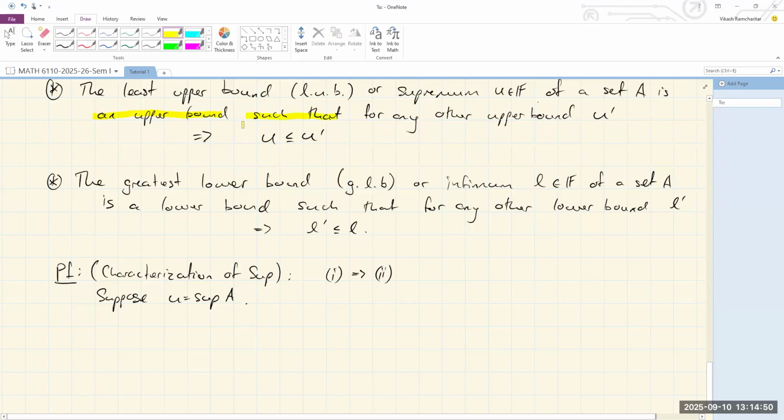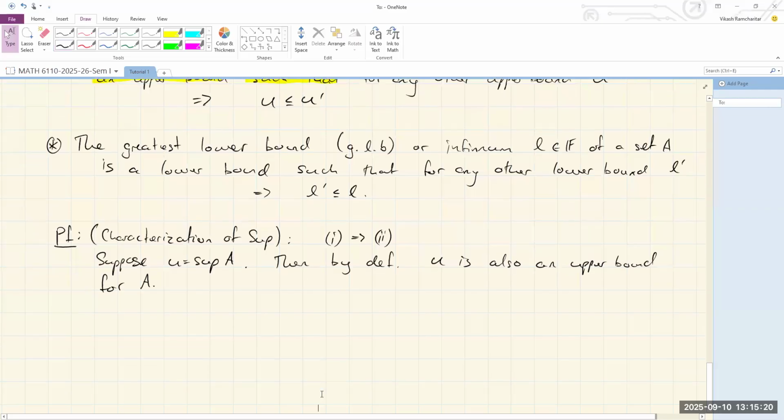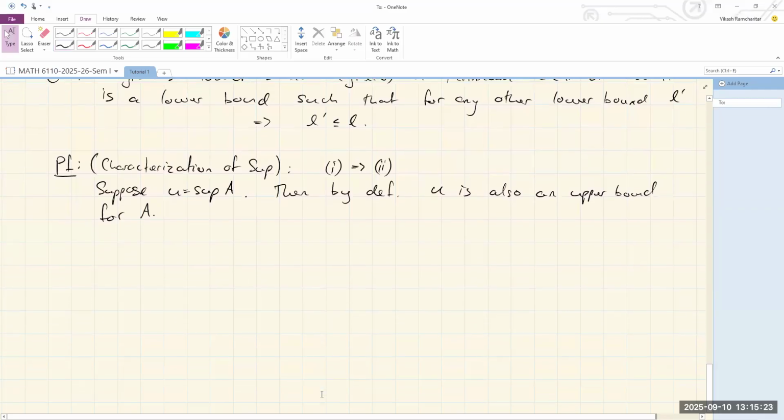So by definition, if U is the supremum, it's automatically an upper bound for A. That follows from the definition, because the definition of supremum is an upper bound such that a certain condition holds.